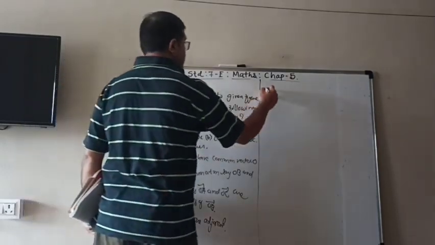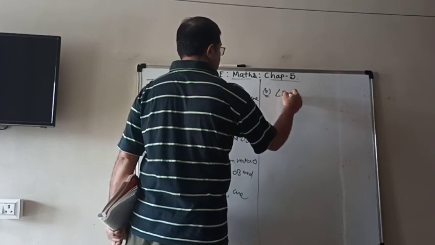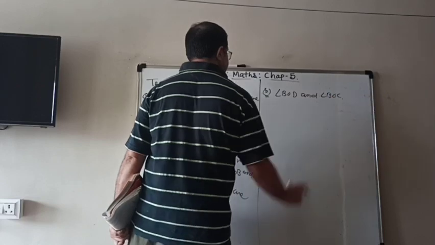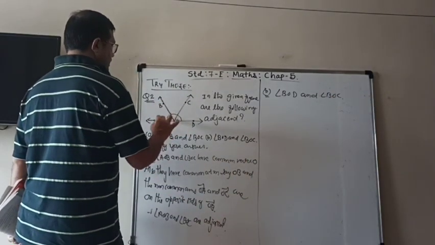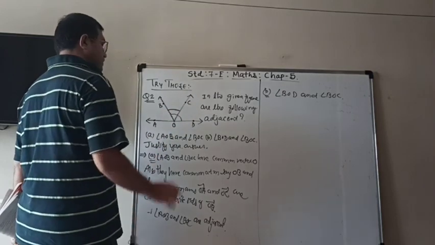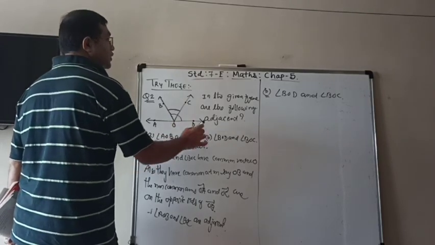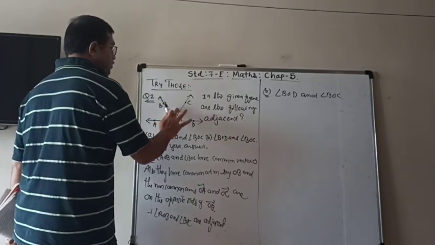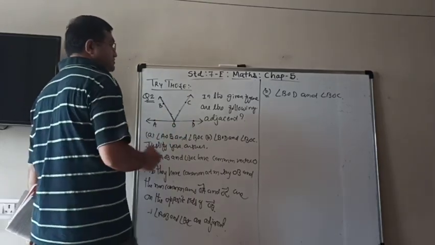Now let's check the other one, BOD and BOC. Angle BOD and angle BOC. BOD means this whole angle and BOC is only this angle. So they have the common vertex, they have the common arm OD, but the non-common arms are on the same side. They are not on the opposite side, so we can say that they are not adjacent.